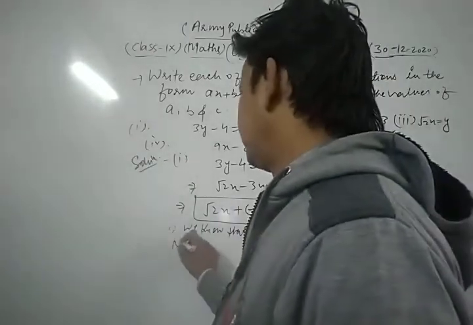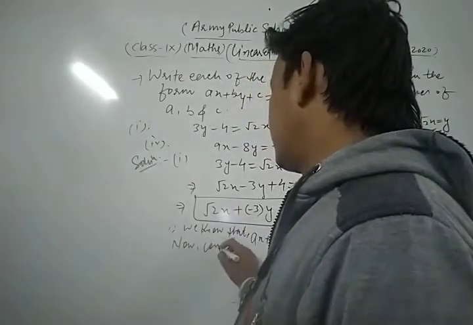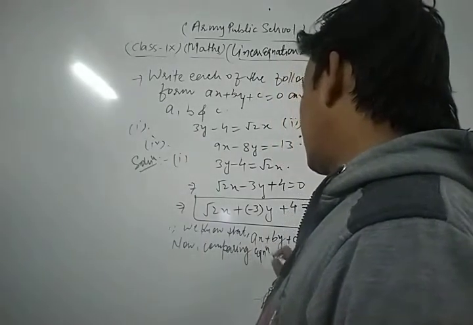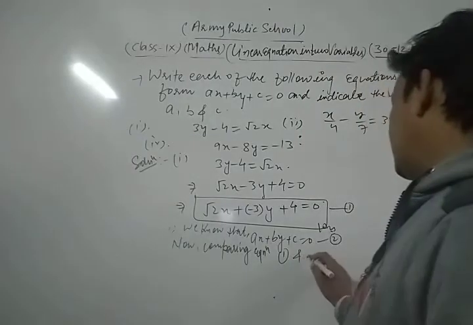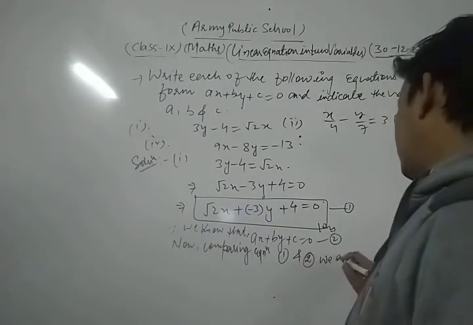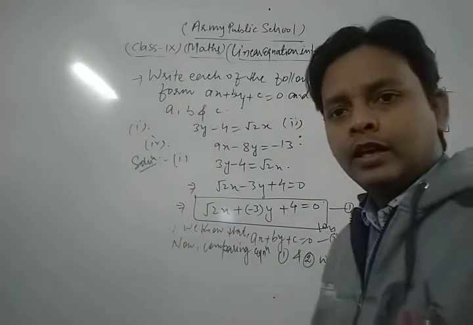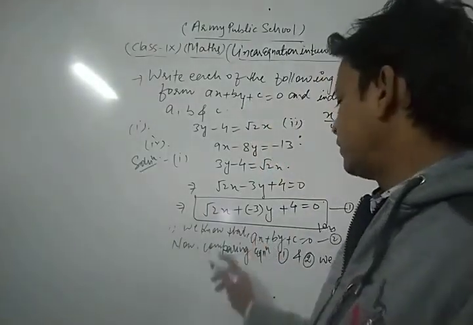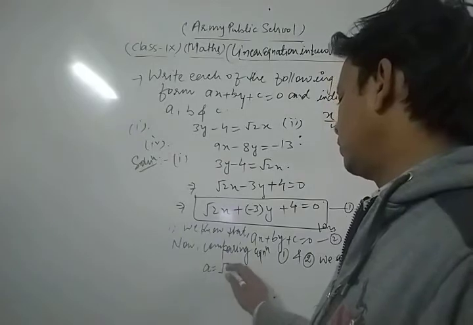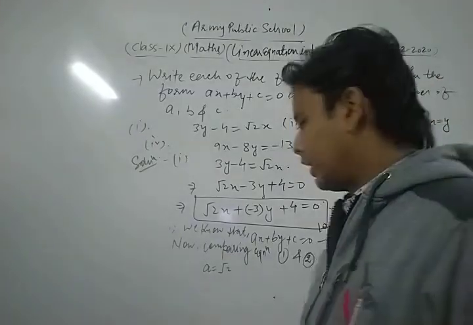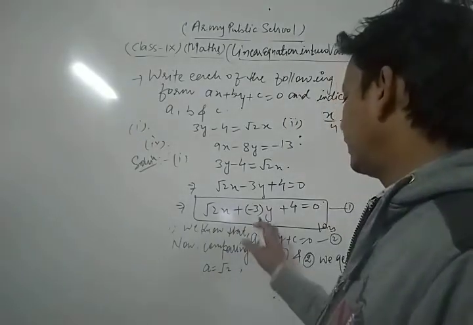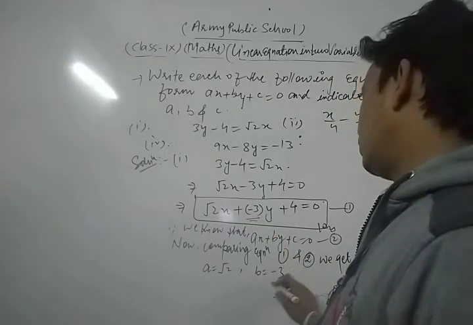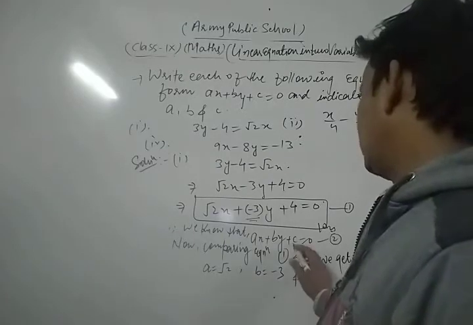Now comparing equation 1 and 2, we get what? Here a is the coefficient of x, so the value of a is root 2, and b is what? The coefficient of y. Here the coefficient of y is what, dear students? Minus 3, so b is equal to minus 3, and here the constant term is what?